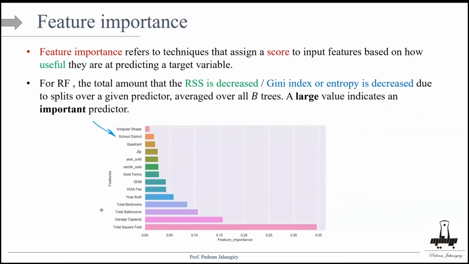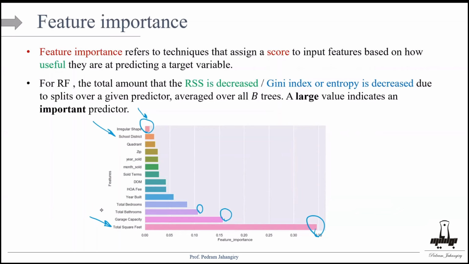In this example, it seems that total square feet is the most important feature among all the features, and the next one is garage capacity, and so on. The least important feature in the model was irregular shape. So if a property has an irregular shape, it has the least important effect on the model. That makes pretty much sense.